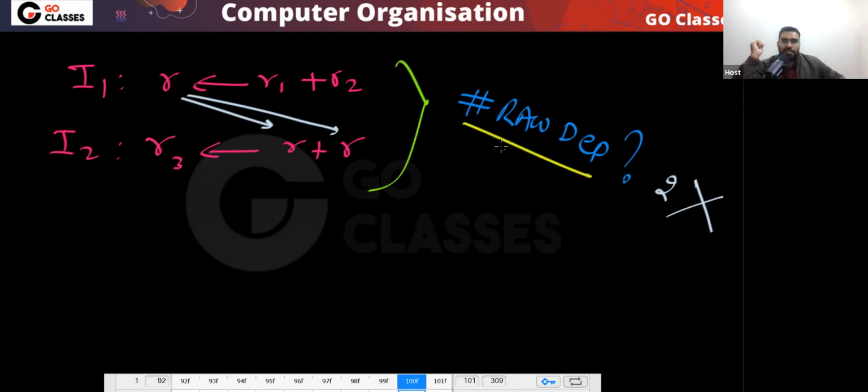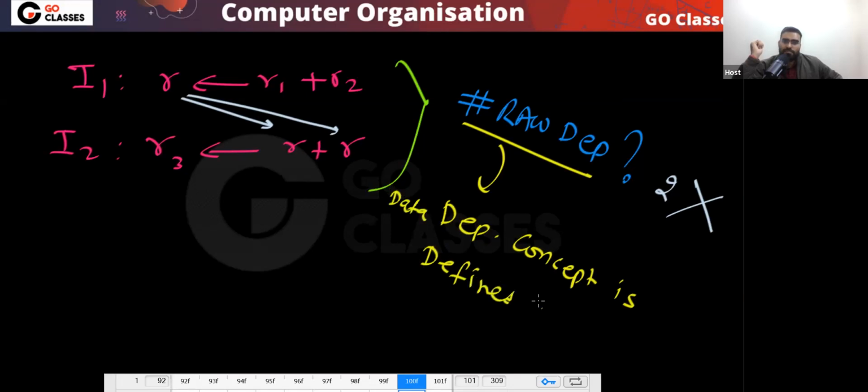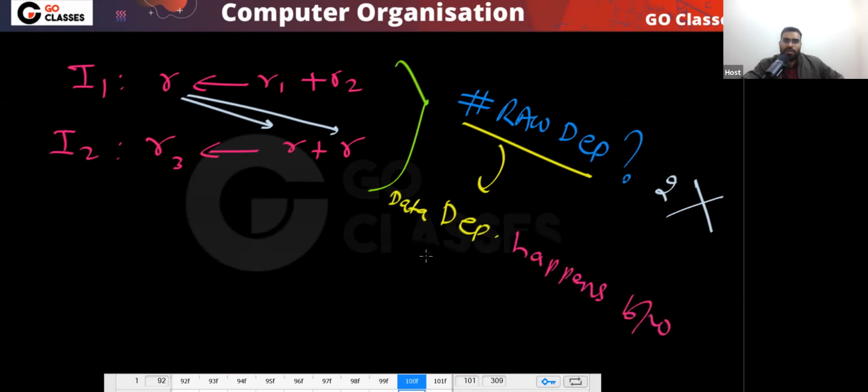Is this clear? This data dependency concept happens between instructions.